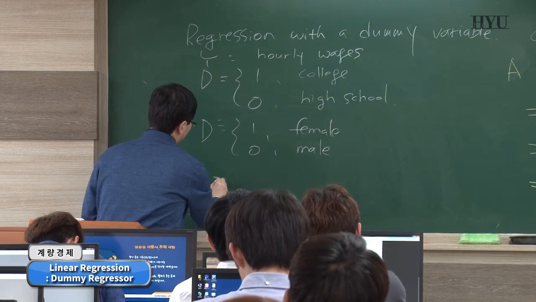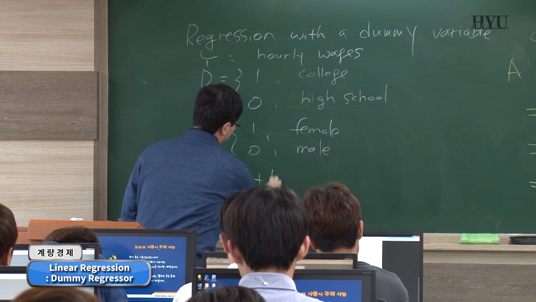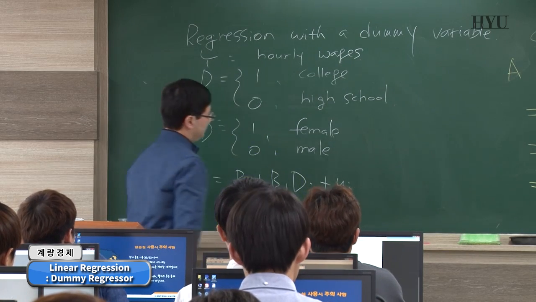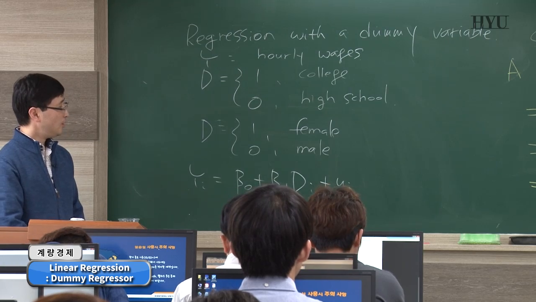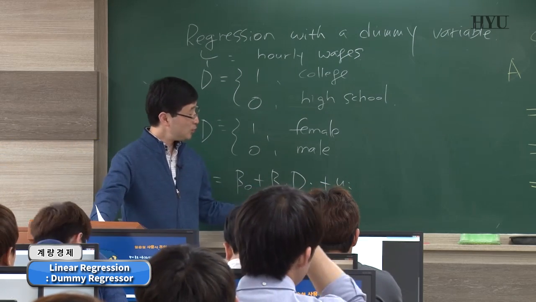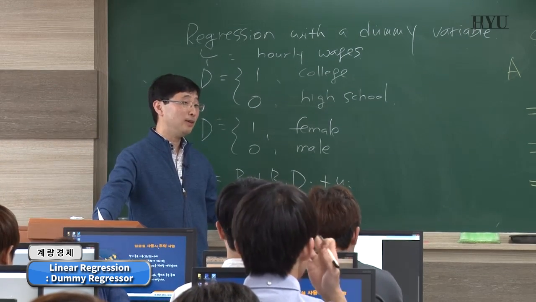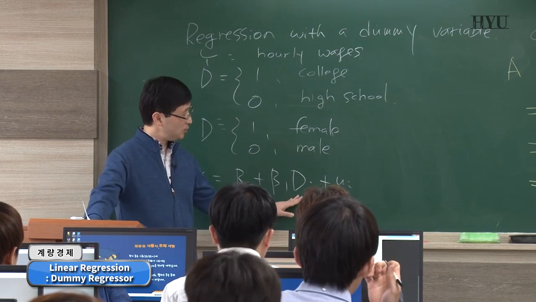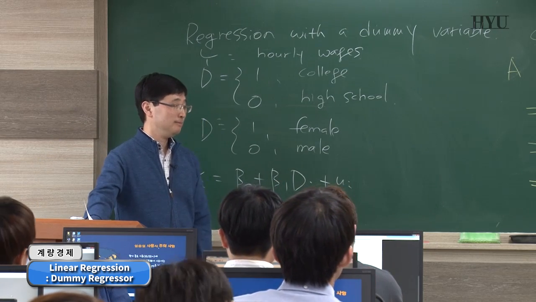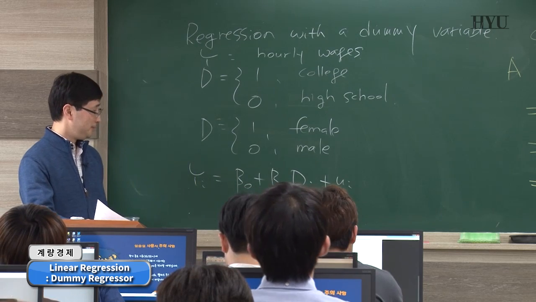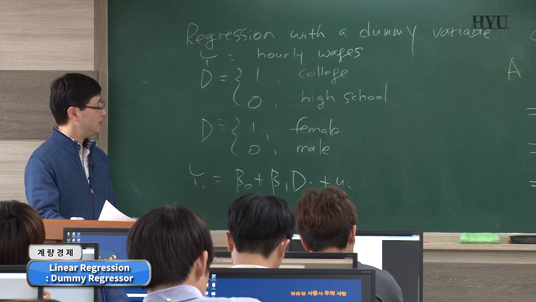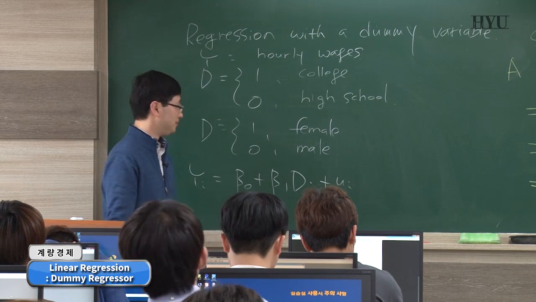Then the regression model, so the thing is that we usually use x_i for the independent variable, right? But when the independent variable is a dummy variable, the convention is we like to use d. It stands for the dummy instead of x_i. So this is your regression model. Okay.